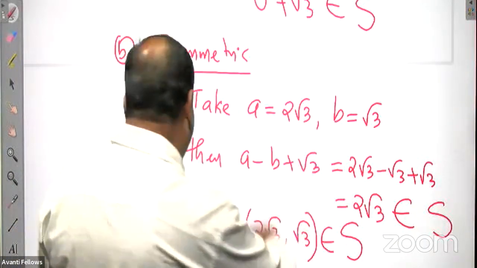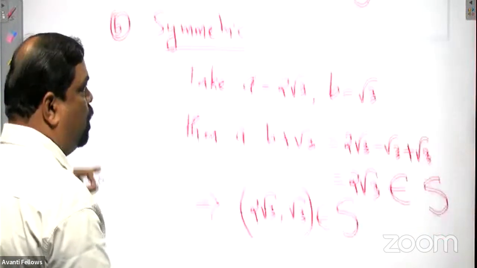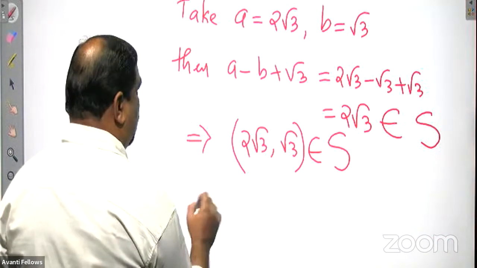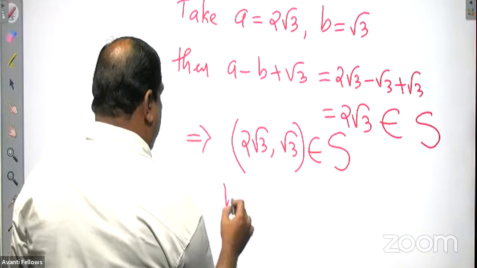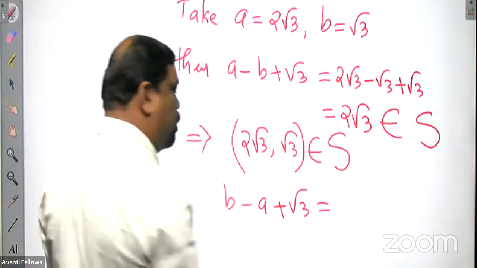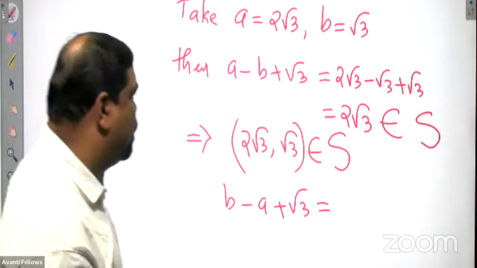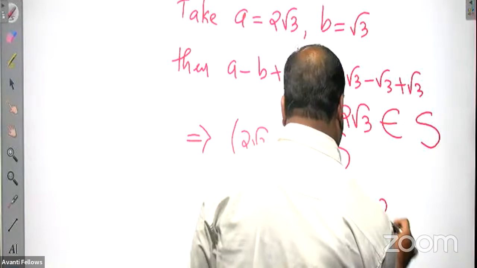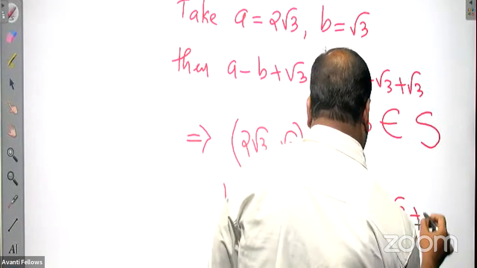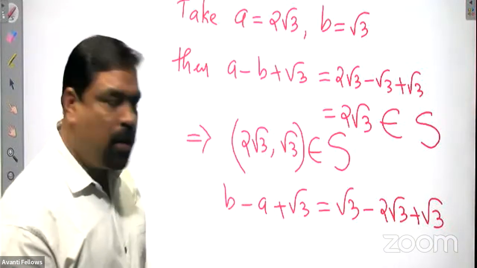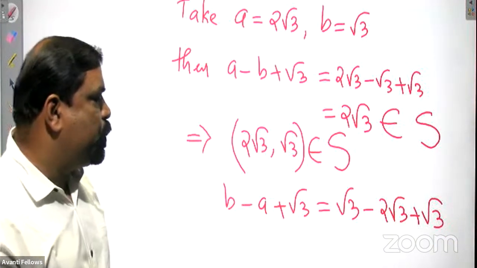Now think the other way. What about B minus A plus root 3? That is root 3 minus 2 root 3 plus root 3.